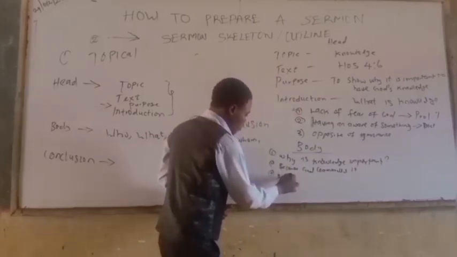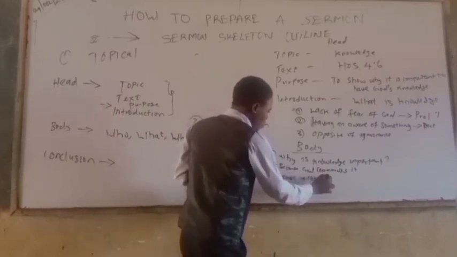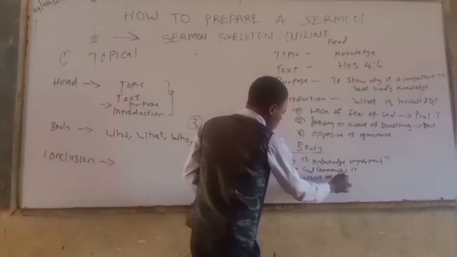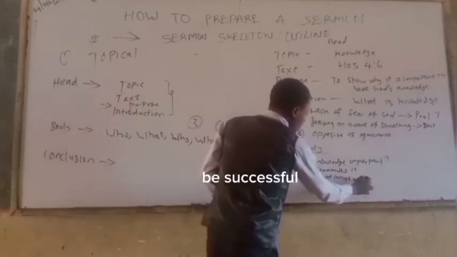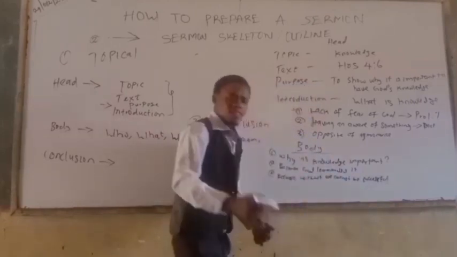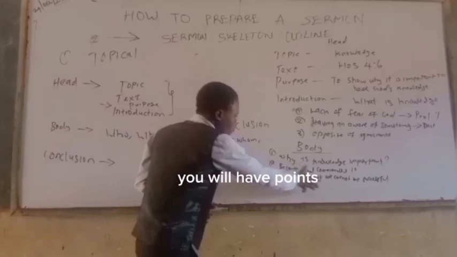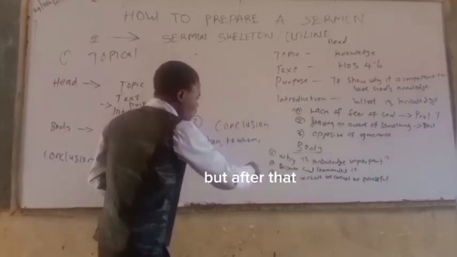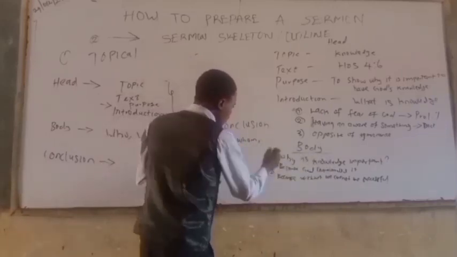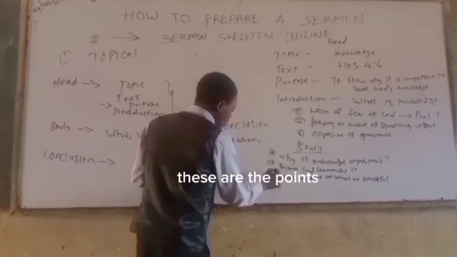Because without knowledge, we cannot be successful. How many reasons do you have? When you think deeply, you will have points. And after that, this is A. These are the points under it.